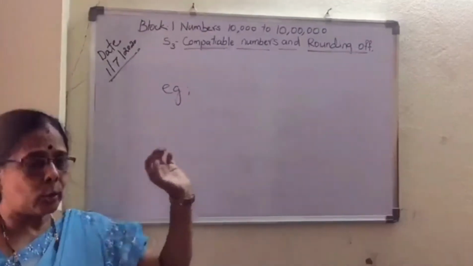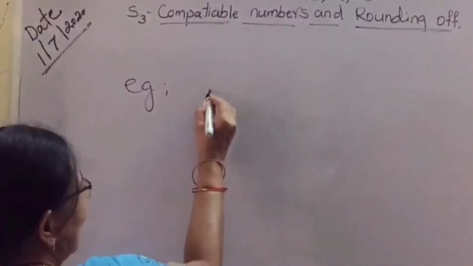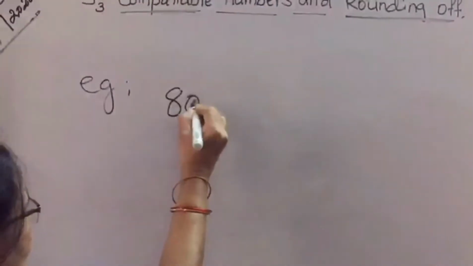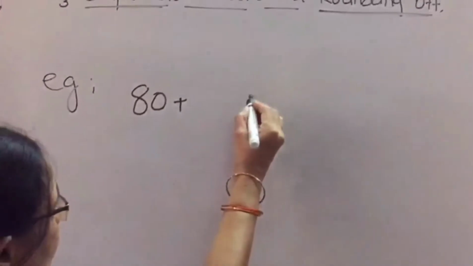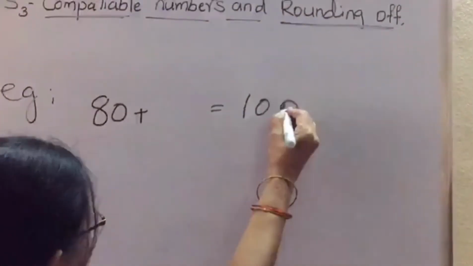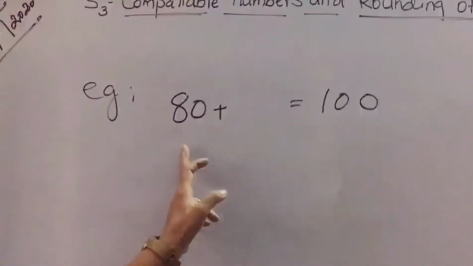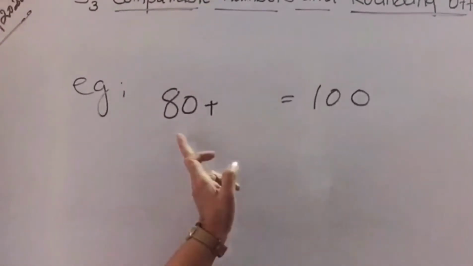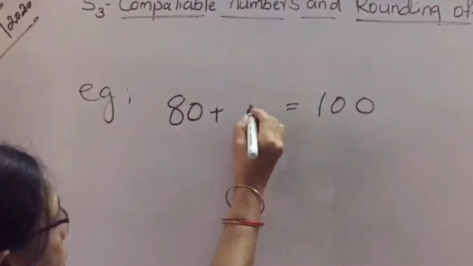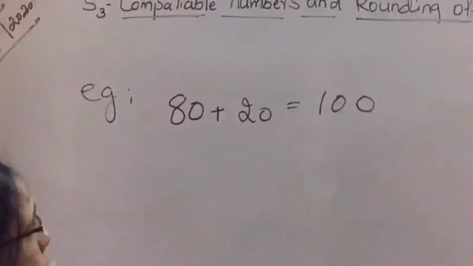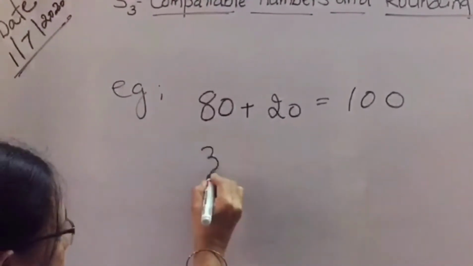Children, now I'll take 2-digit numbers. That is 80. See, I'm having 80 here. Now 100 here. So how many more do I need? How many tens do I need to make 100, children? 2 tens, that is 20. Okay. Next, I'll take 30.